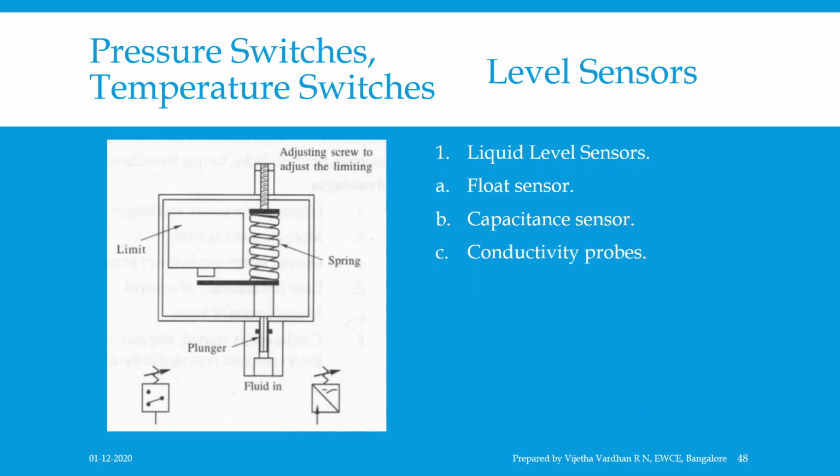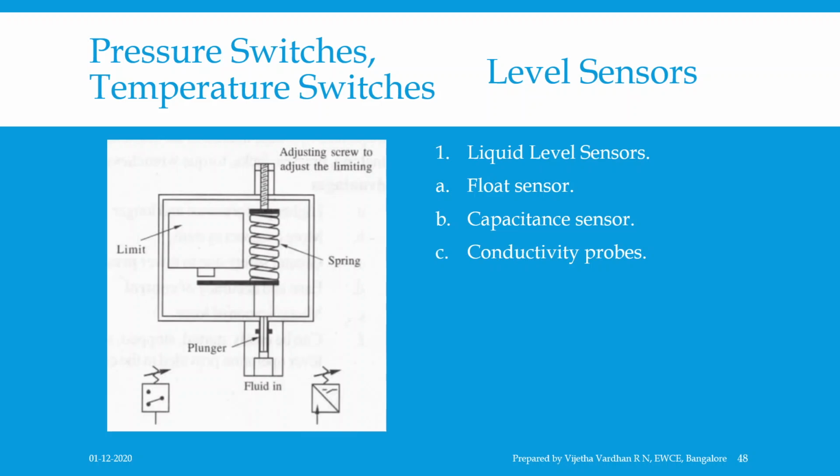Then coming to the third type, that is called conductivity probes. Maintaining safe operating conditions in a process vessel is critical to the safety of the employees and the integrity of consumer products. In most situations, conventional metal and polymeric float switches are able to complete the task, but in more corrosive environments they are at a disadvantage.